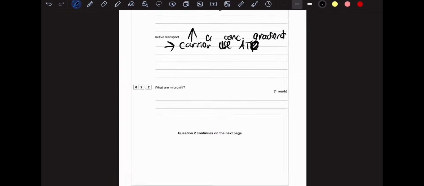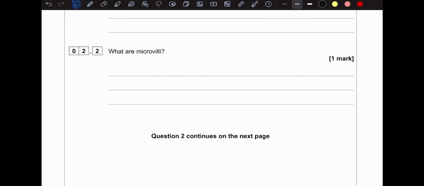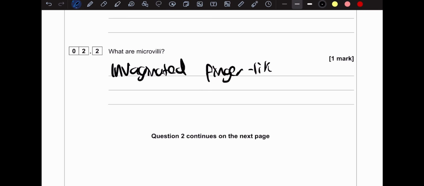Okay, lovely. What are microvilli? Very, very broad question, right? How would you even word this? I think I would just say invaginated finger-like. I won't even say finger-like, that's more for regular villi. Invaginated projections on a villi surface, right?